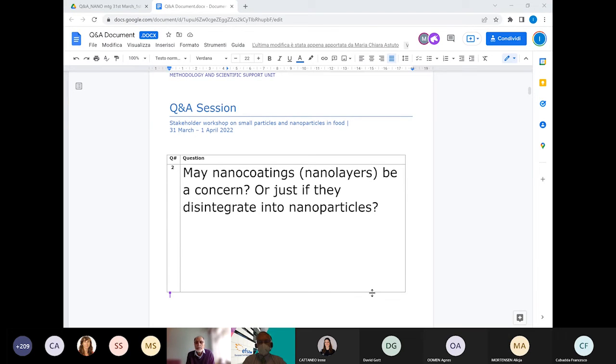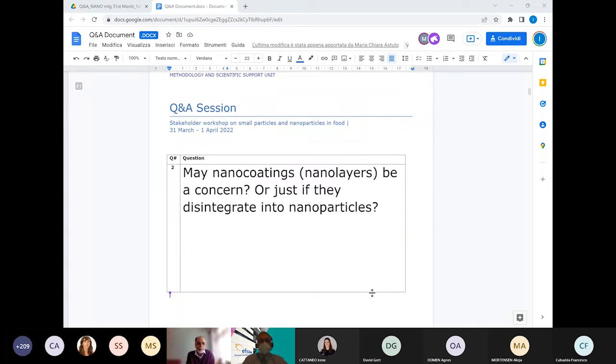For example, if a nanoparticle is composed of component A, B, C, and D, all components in their own right need to be safe. And more importantly, the whole nano entity, when all the components are put together, needs to be safe as well.